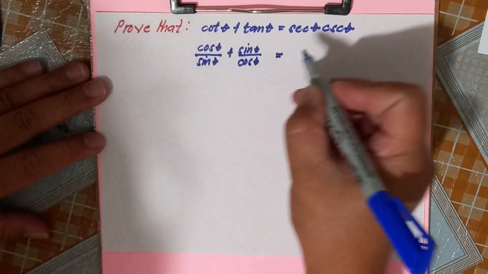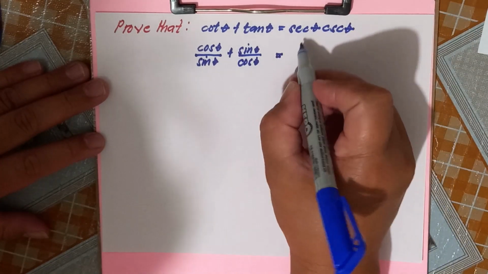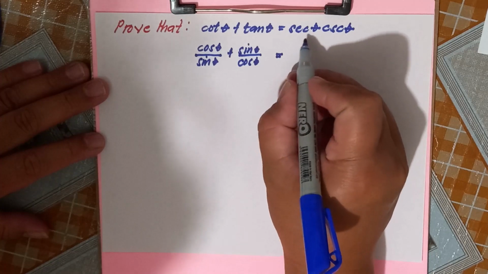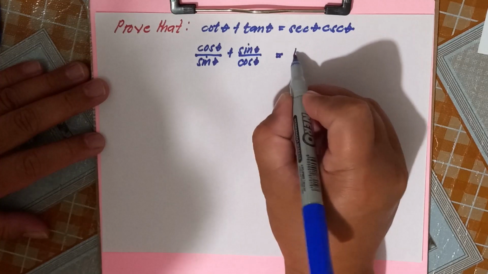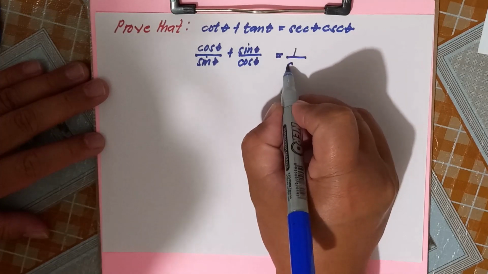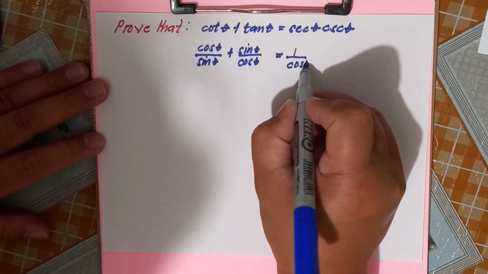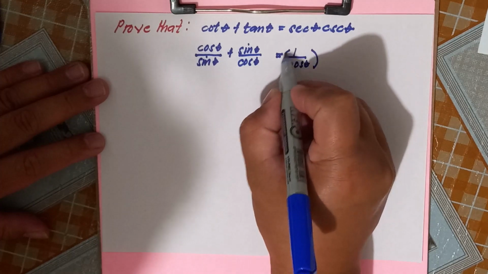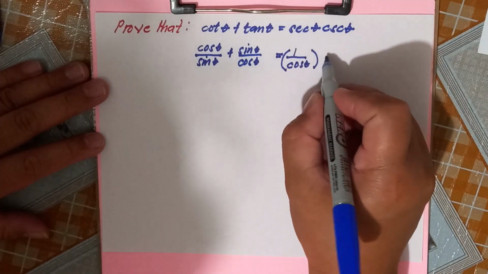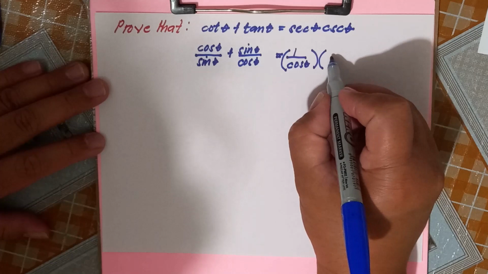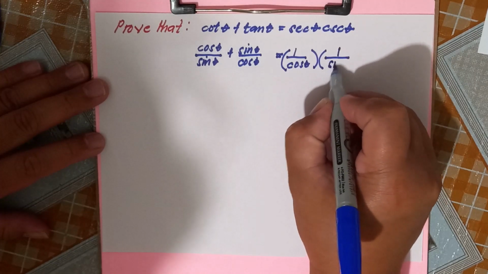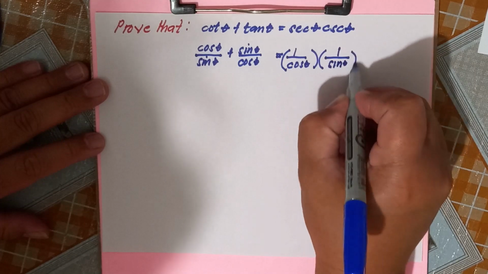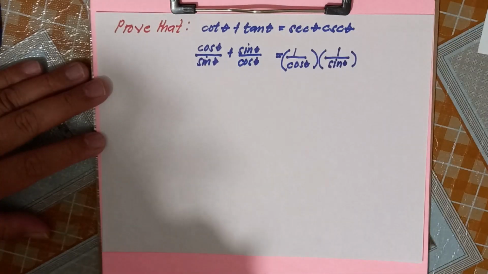That will give you 1 over cosine theta, the reciprocal of secant theta. And the reciprocal of cosecant is 1 over sine theta.